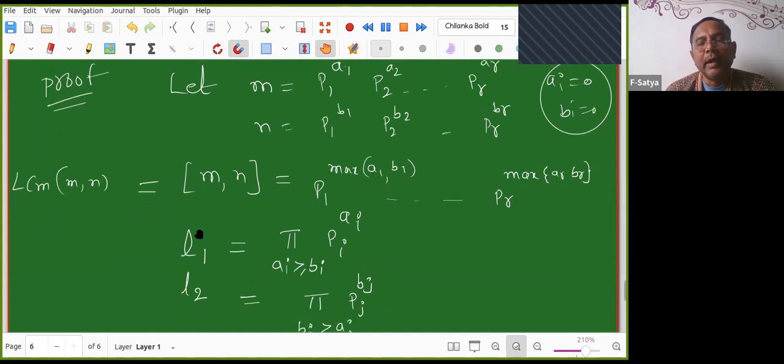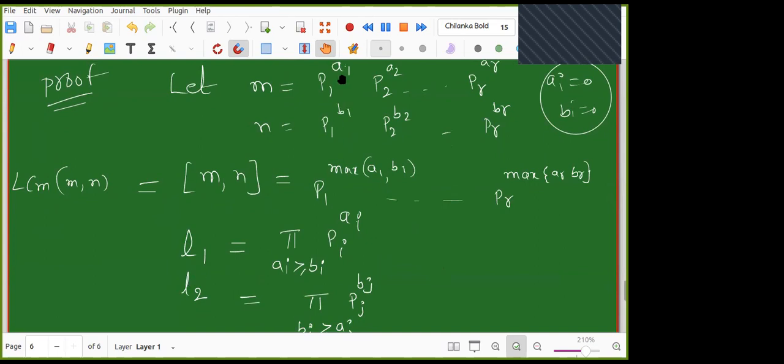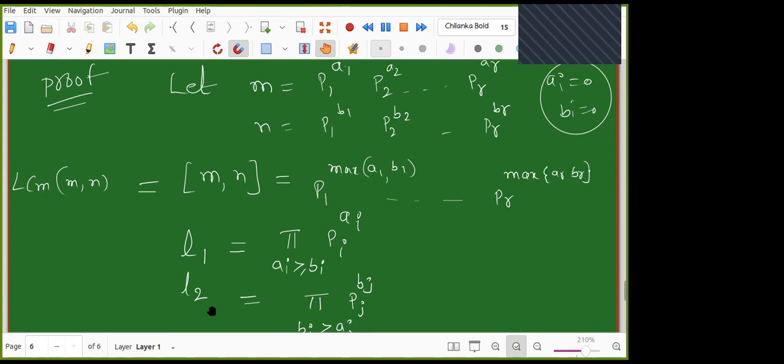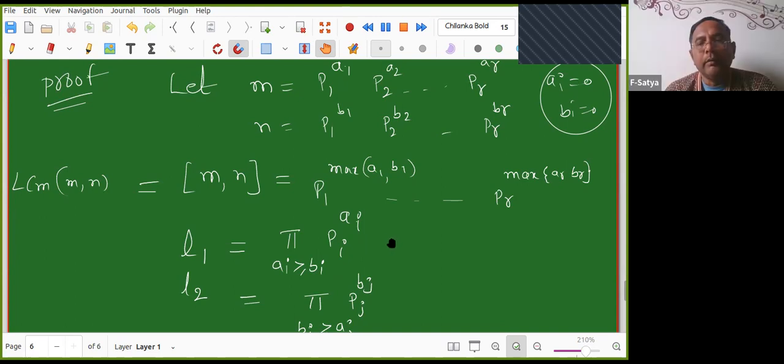Then can you tell me what L1 and L2 are? L1 is M, correct. L2 is 1, since there are no such BIs, so it is 1.